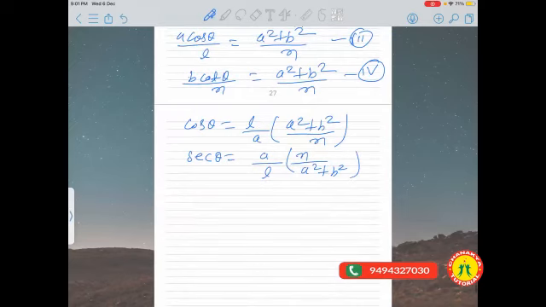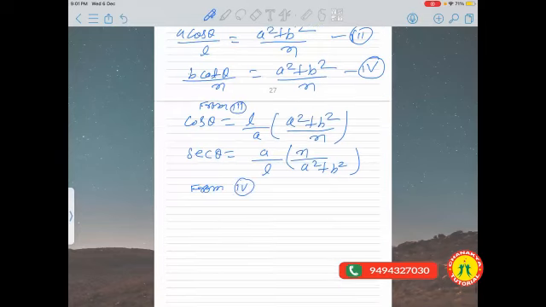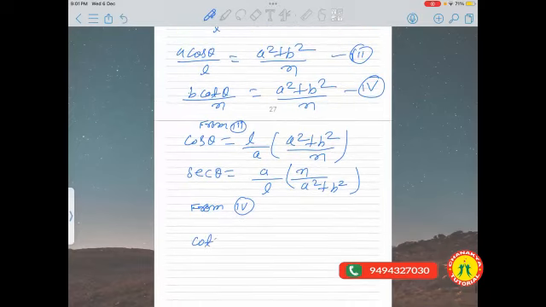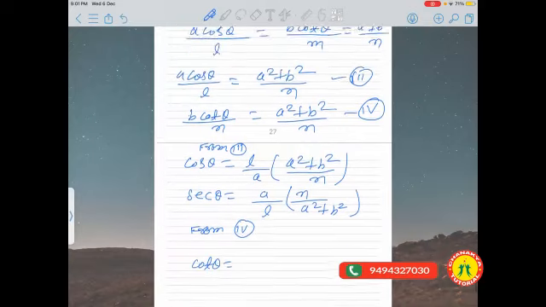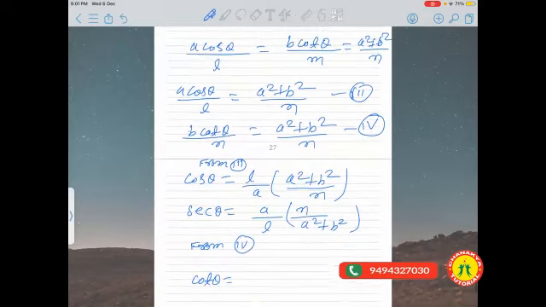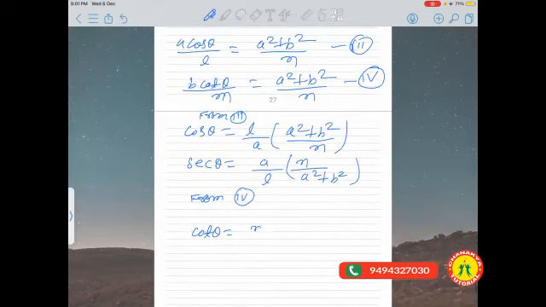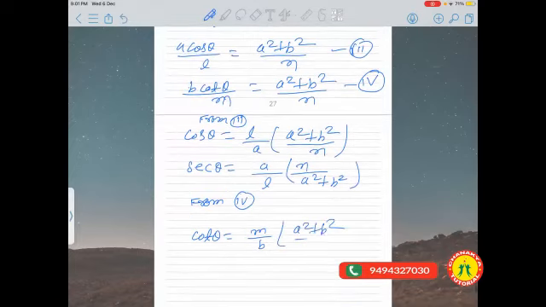Now from fourth, we can take m and n. From 4, cot theta is equal to m by b times a square plus b square by n.